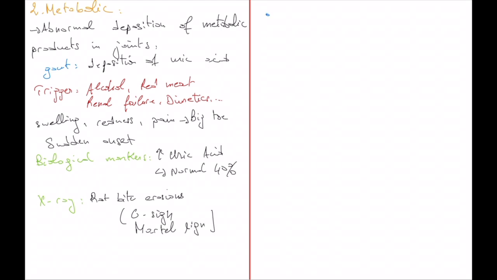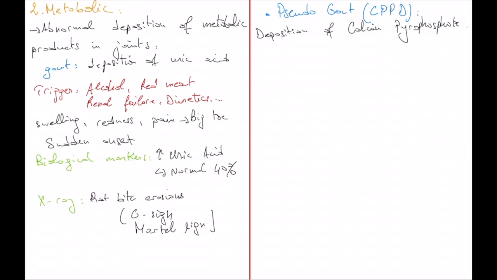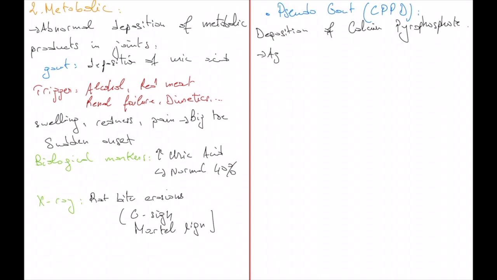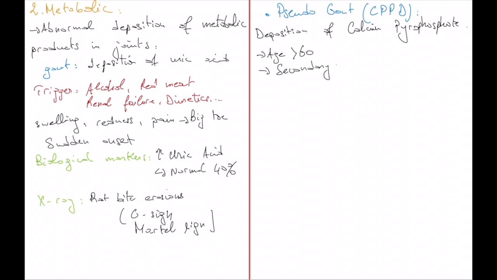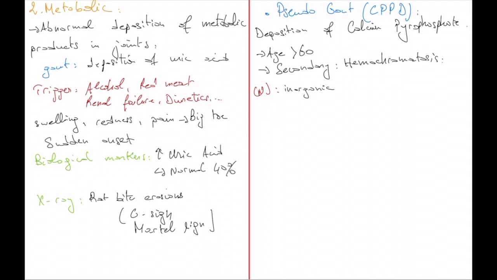We also have pseudogout, or calcium pyrophosphate deposition disease, due to a deposition of calcium pyrophosphate dihydrate crystals in the joint, common in older patients, typically older than 60 years, often idiopathic, or secondary to hemochromatosis. In hemochromatosis, we have an iron overload which inhibits inorganic pyrophosphatases, the enzyme that normally breaks down pyrophosphate.